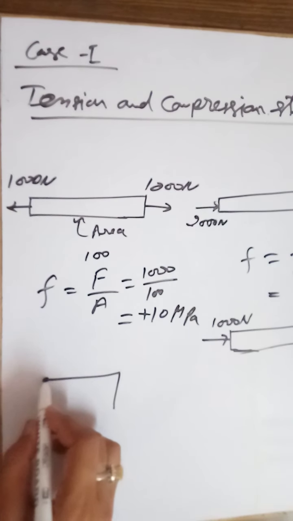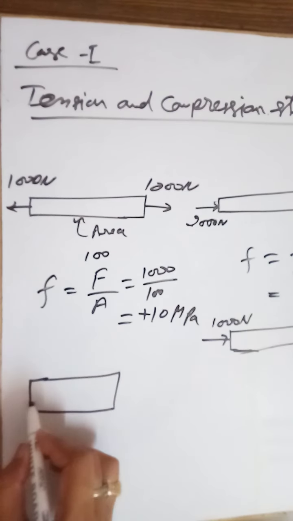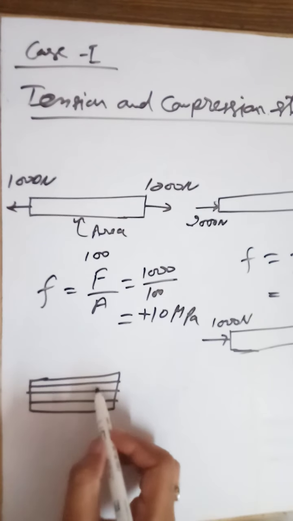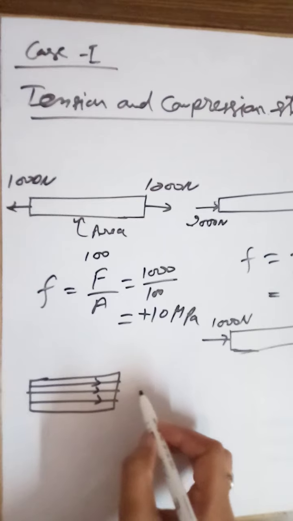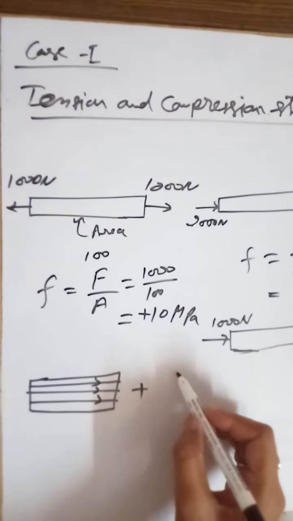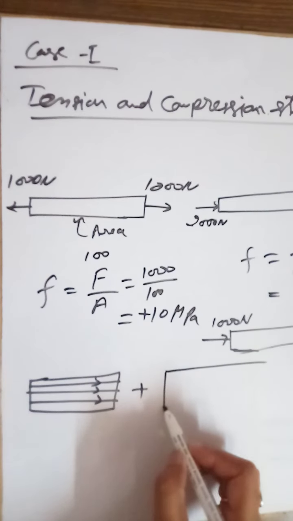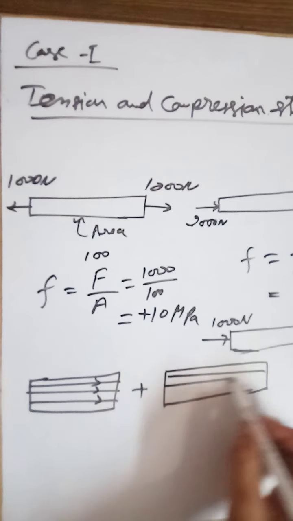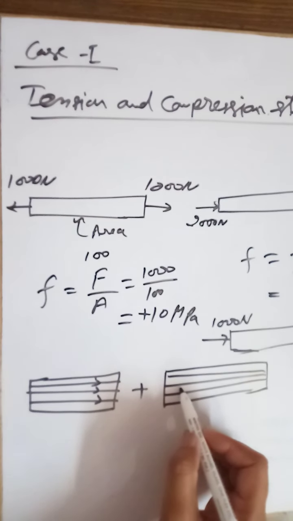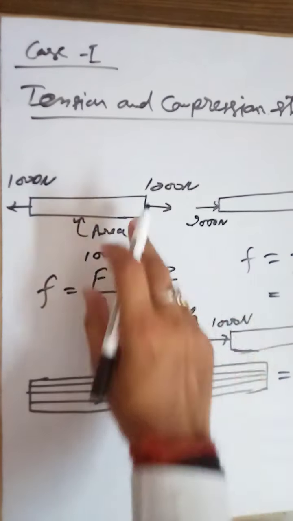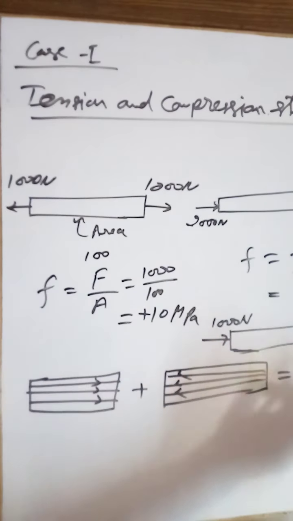By this you will understand. For this we have the direction of this tensile stress like this. We are adding this particular component and then this component. Here it is compressive, so we are adding these two, and the resultant is this one.